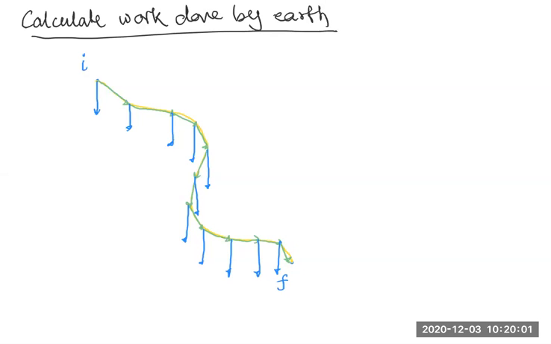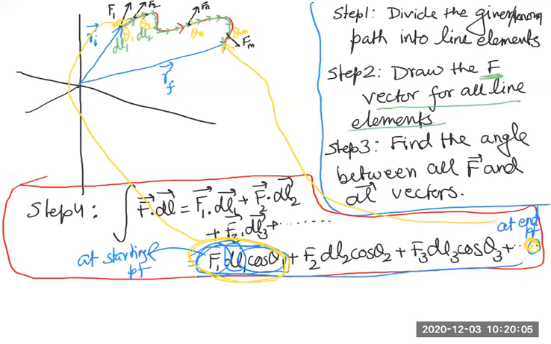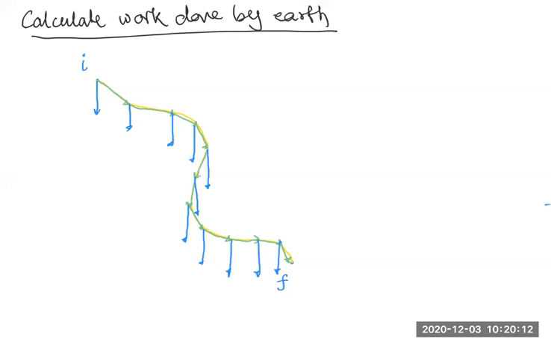What is the next step? Next step is find the angle between all F and dl vectors. Ooh, well, I don't know. So I will just say that this is theta 1, theta 2, theta 3, theta n. I don't know the angle.